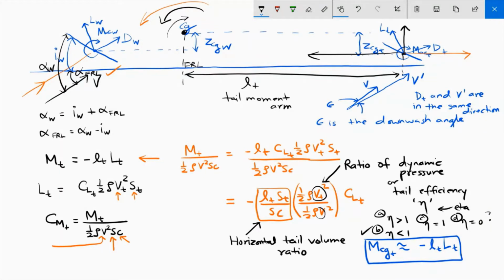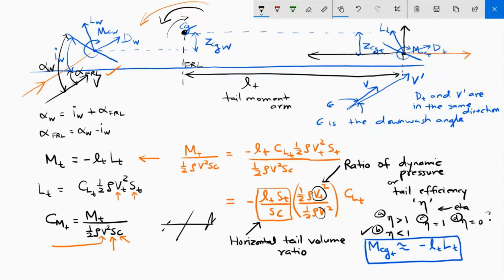If the tail is put in front of the wing, in that case the tail efficiency will be greater than 1 because the velocity seen by the tail will be greater than the velocity seen by the wing. There are some aircraft in which, if this is the wing and this is the vertical fin, then the horizontal tail may be located near the nose.